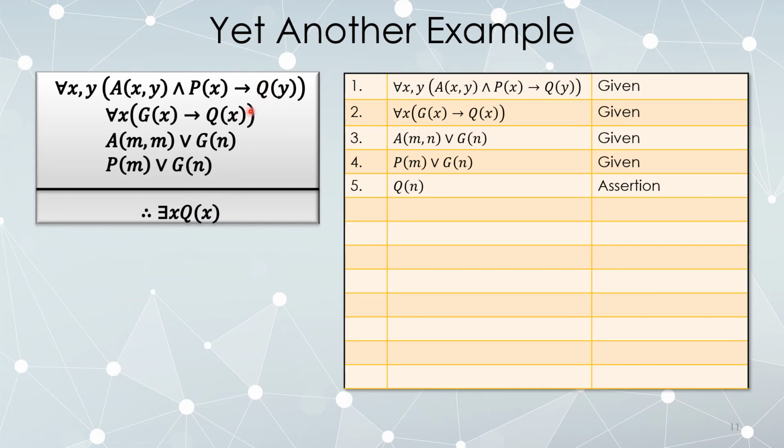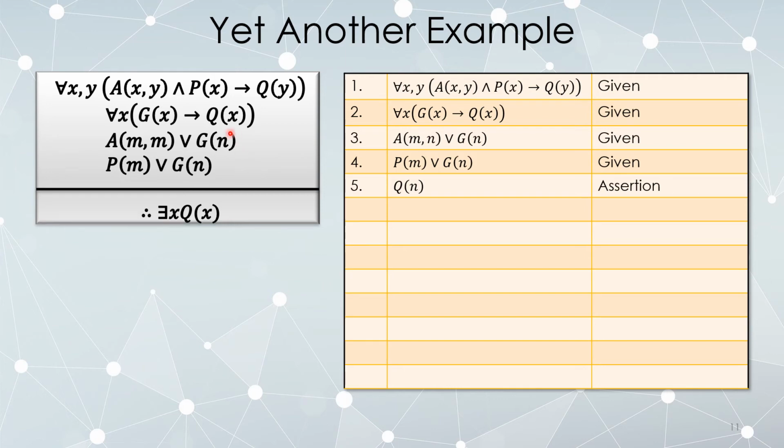There are two ways we're going to be able to extract that Q is true for something: either G of something implies Q of something, or A of x comma a second thing and P of something implies Q of that second thing. So there are two reasonable choices given these two givens of what I might think Q can be generalized from.